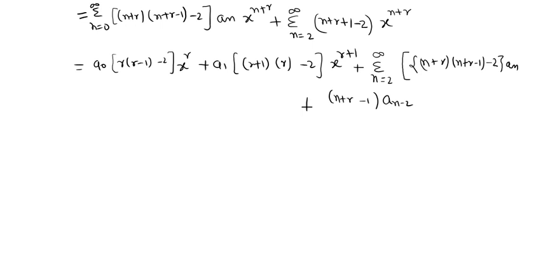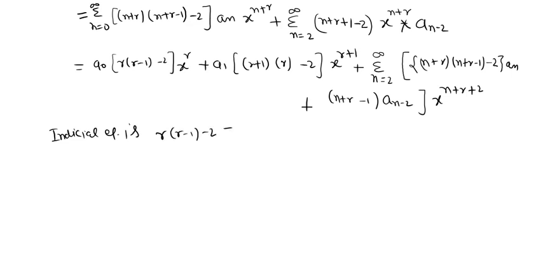Here I missed a_(n minus 2); this is multiplied by a_(n minus 2). Now the indicial equation is r(r minus 1) minus 2 equal to 0, which gives two roots, 2 and minus 1, and the difference of these two is an integer.